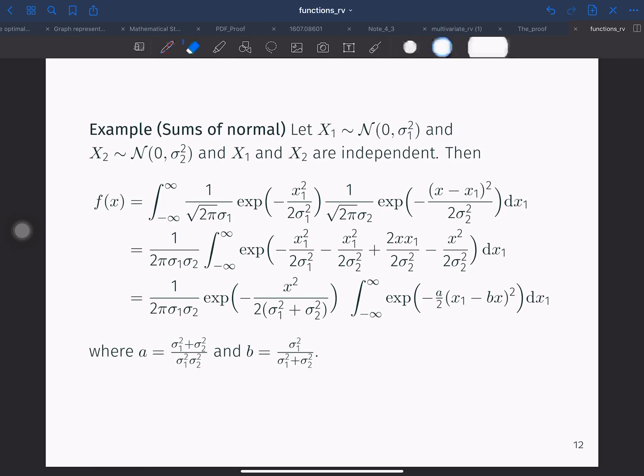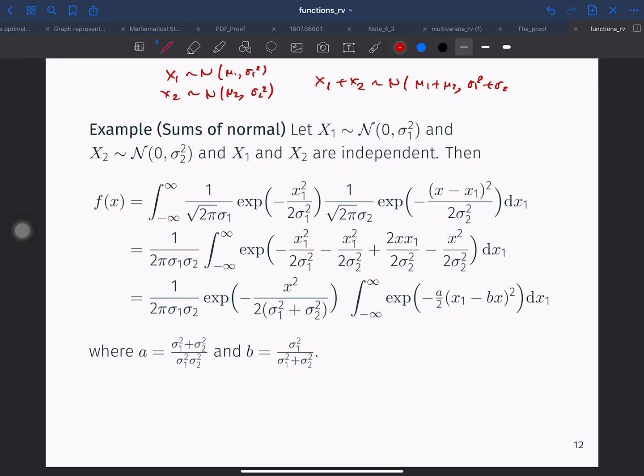We know that if X1 is normal with mean mu1 and variance sigma1 squared, and X2 is normal with mean mu2 and variance sigma2 squared, then we showed earlier that X1 plus X2 is normal. We showed that via the moment generating function. Shall I show the same thing, but now via the convolution formula? Let's reprove this via convolution.